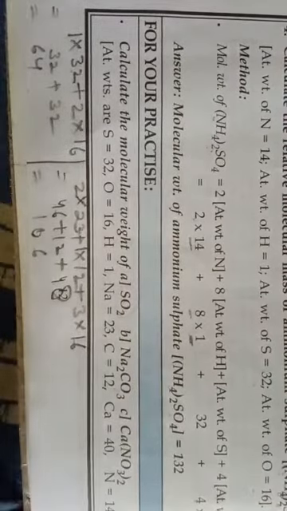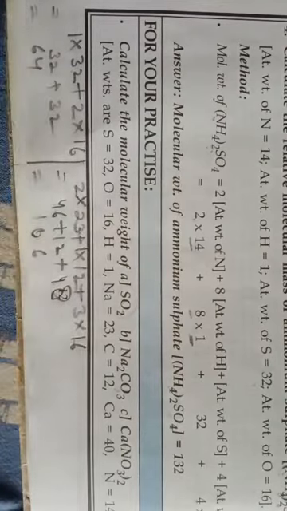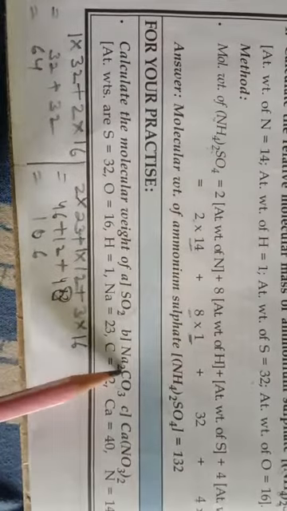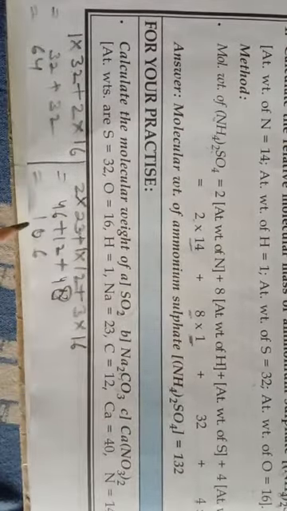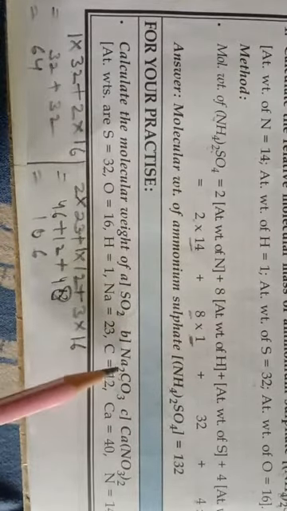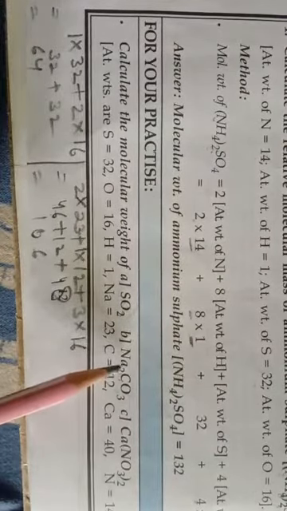So this is the relative molecular mass of sodium carbonate, or the molecular mass of one molecule of sodium carbonate is 106.